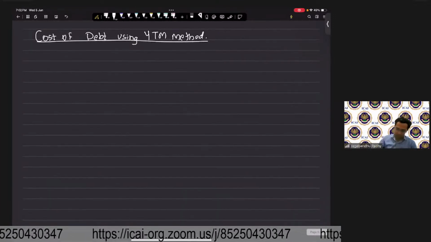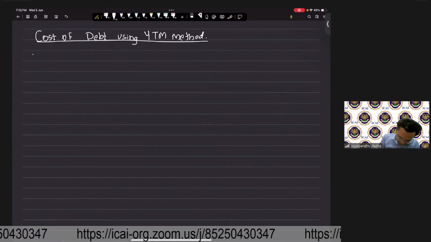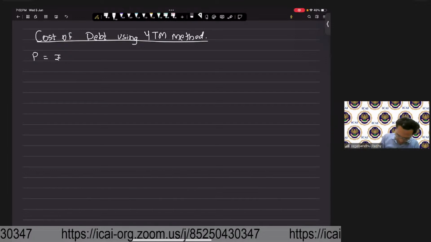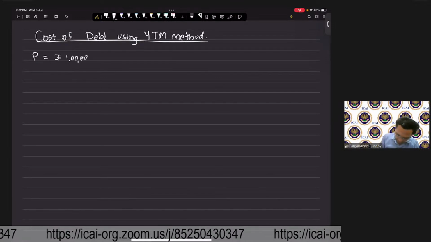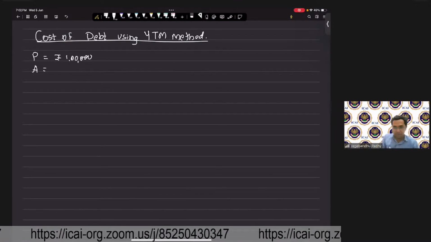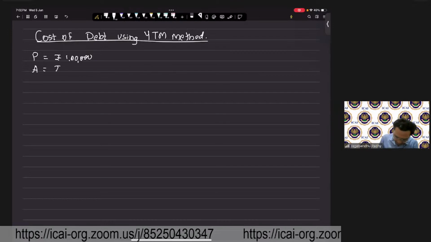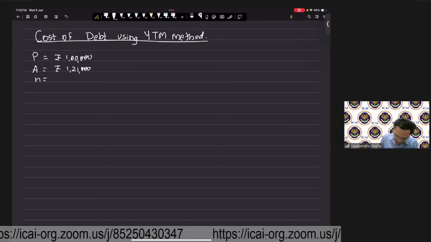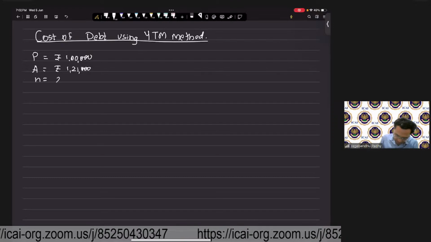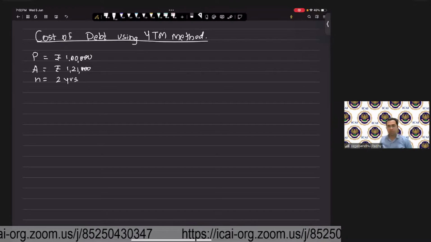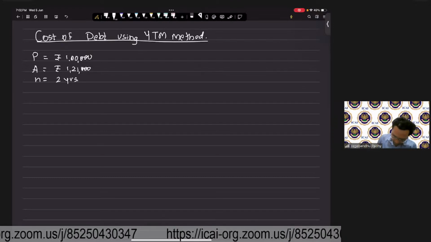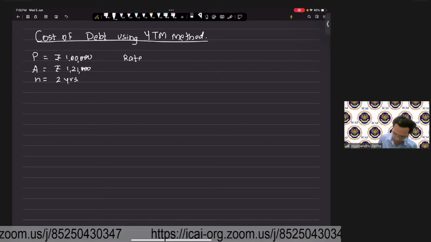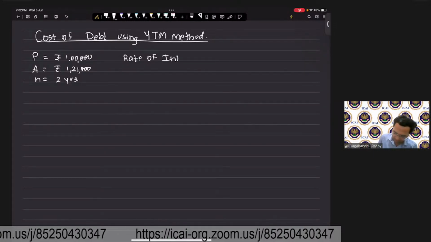Now, if I ask you simply, let's say the principal is 1 lakh and the repayment amount is 1 lakh 21,000 after a period of, let's say, 2 years. Can you calculate and give me the rate of interest, guys?